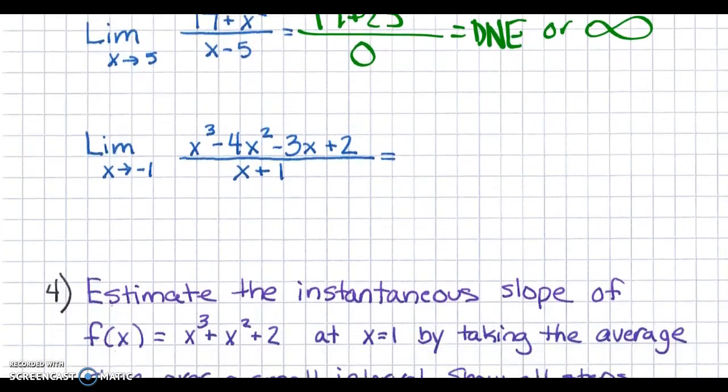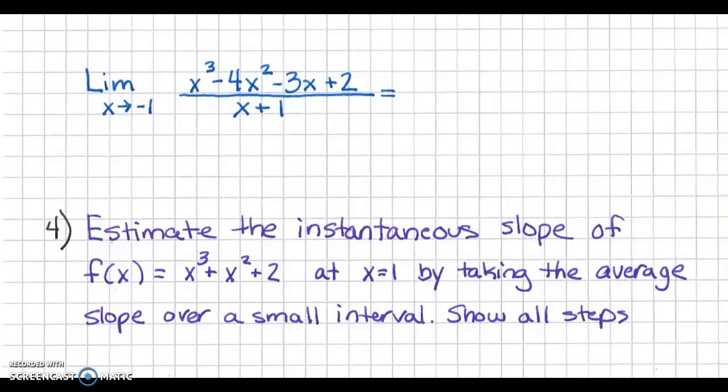And the third type of limit problem we dealt with was this one right here. If we put in -1, we'll get -1 minus 4 minus 3 plus, -1. It's -1 plus 4.